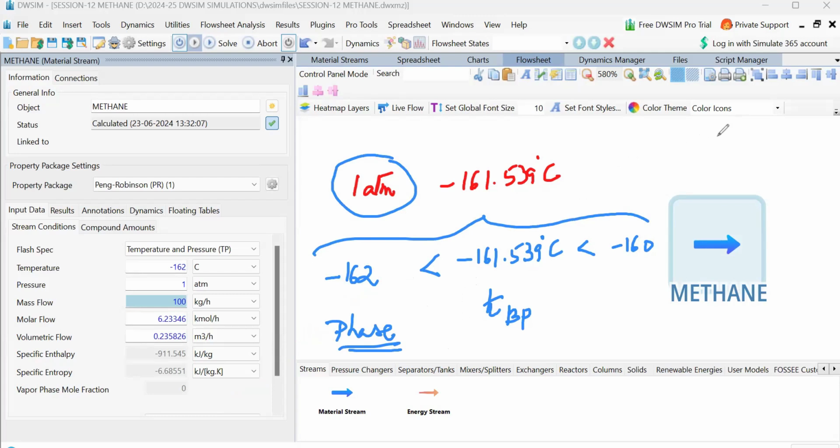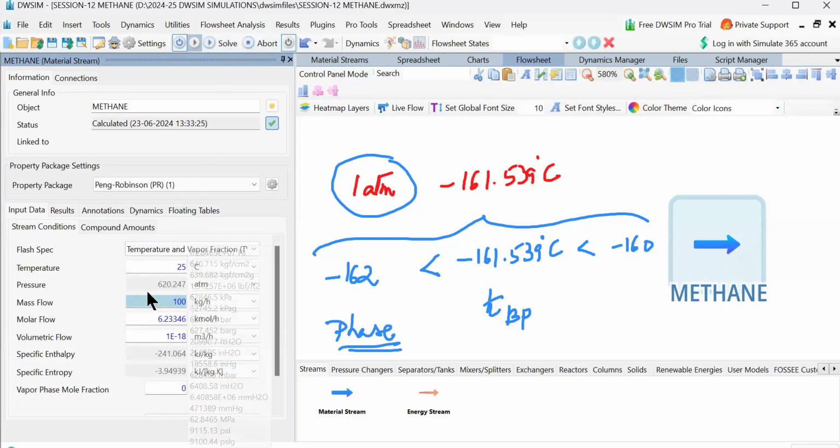Now again, if I change this temperature and vapor fraction, at a temperature of 25 degrees centigrade. Now I'm interested in 25 degrees centigrade. At what pressure the vapor phase fraction is 0? See, it is again showing us the result.